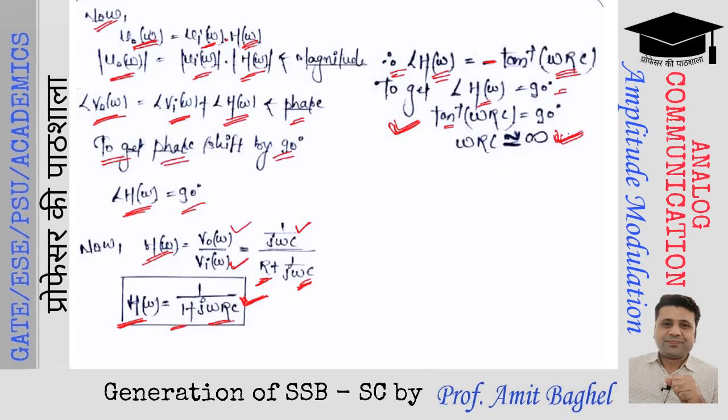So ωRC must be equal to what? Infinite. What should the value of ωRC be? Infinite. Is it practically possible? The value of R, the resistance, would have to be infinite, or the value of C would have to be infinite, or the value of ω would have to be infinite. ω infinite means the analysis is out of the observation. The frequency under consideration is practically not possible. Hence the circuit is practically not possible. Why? Because we cannot have ωRC equal to infinite, right?